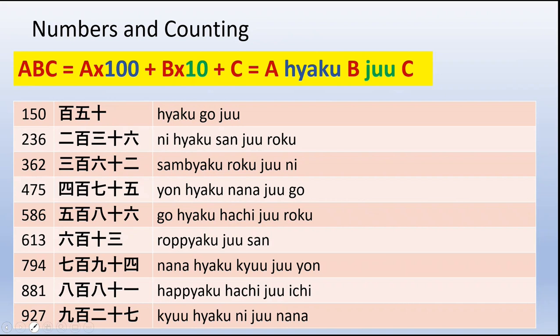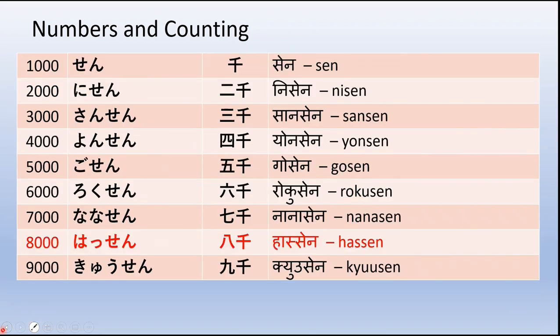So this is how we form 3-digit numbers in the Japanese numeral system. Next is the thousands, that is, 4-digit numbers. Here the thousand is known as sen in Japanese. This is the hiragana of sen, and this is the kanji of sen.